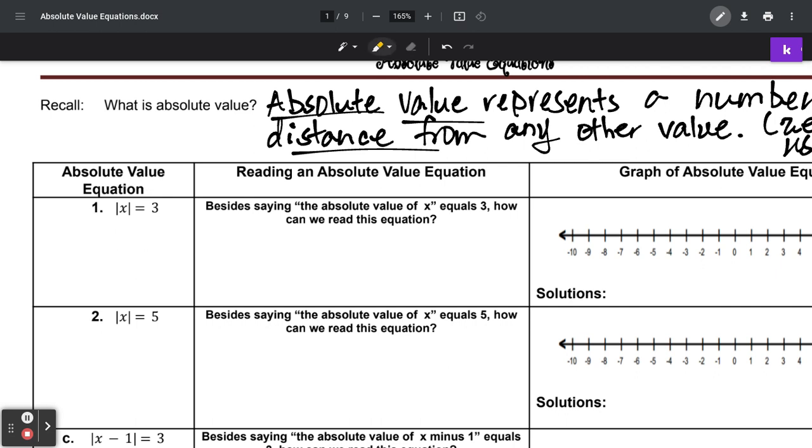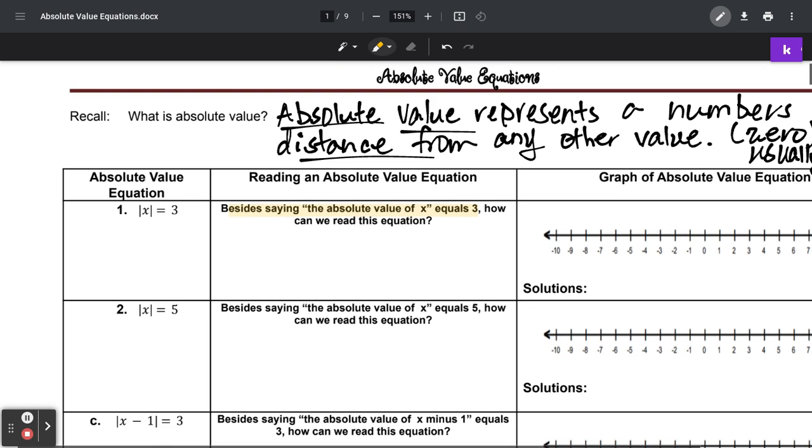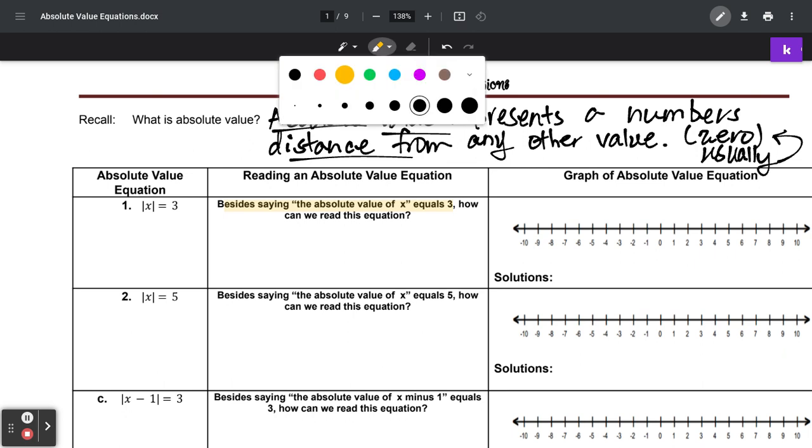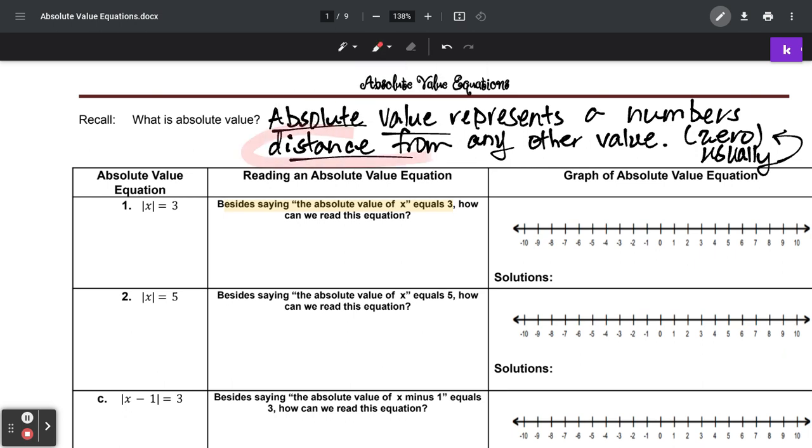All right, but there is another way besides saying the absolute value of x equals 3. How can we read this equation without saying the absolute value of x equals 3? Well, instead of using the words absolute value, we're going to use distance, okay? Now, the distance, it says from any other value.